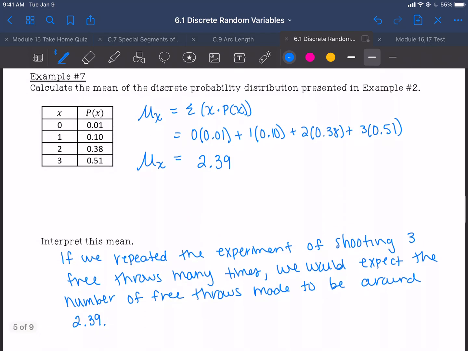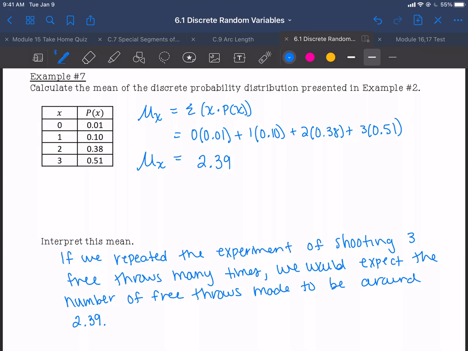Okay, so the probability of doing that once, that's what happened when we ran that experiment. If we repeat that experiment over and over lots of times, then we would expect the number of free throws made to be around that.